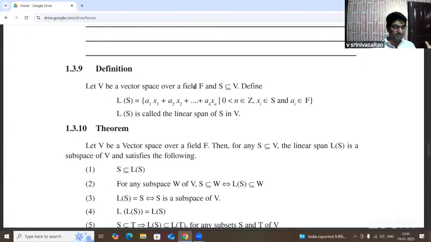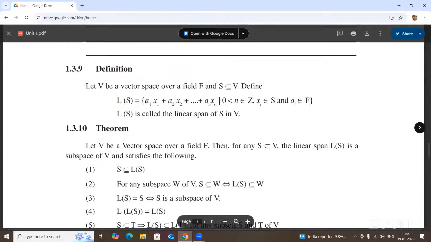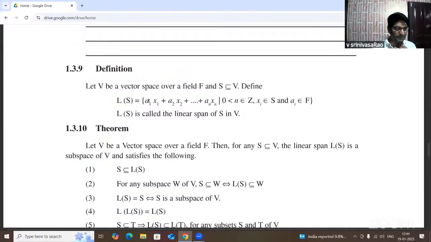Linearity means sum of the elements. Now, here AX means A is the field element. All field elements are scalars. This is one of the important points. Students, listen carefully. A is any scalar, and the Ai values, where i varies from 1 to n. AX means scalar multiplication, where A is a field element, that is the scalar, and X is a vector.